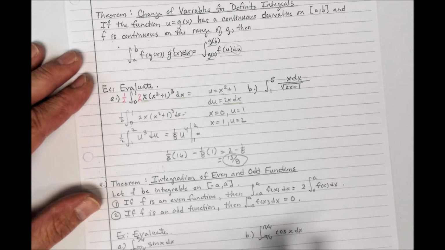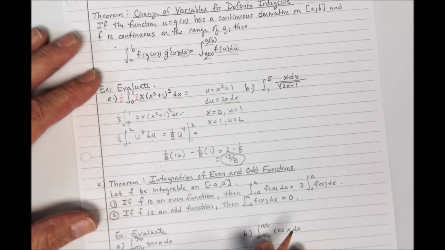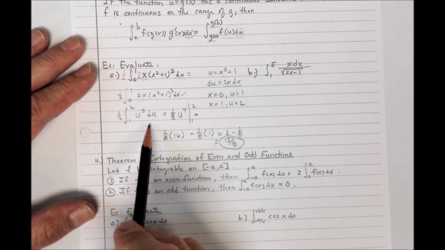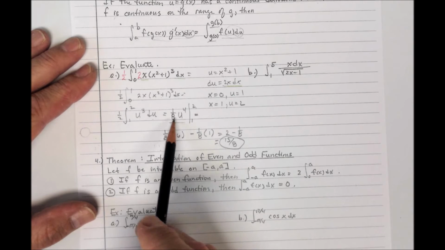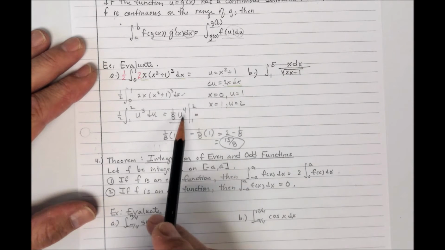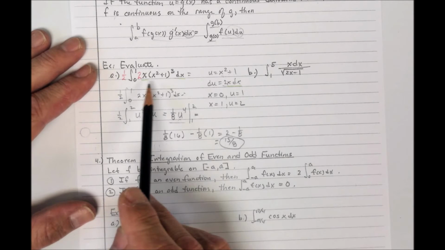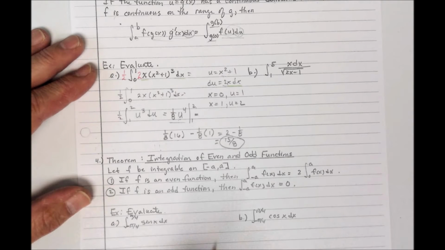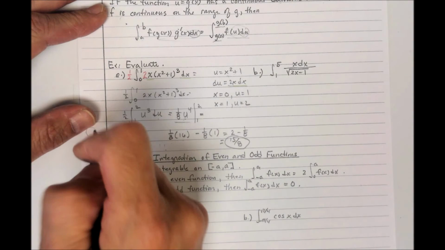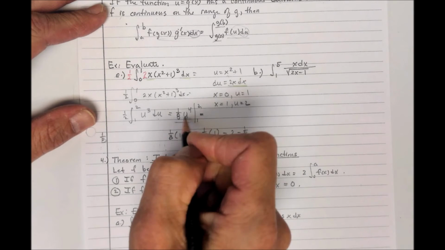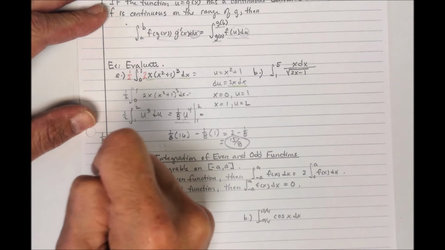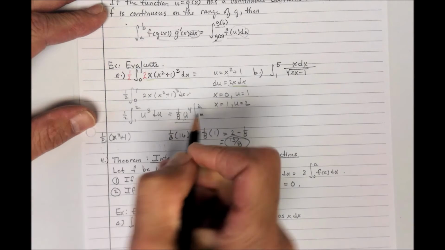Now there's a different thing that you can do with these problems when you're working with a definite integral. When I get to this point right here, if I decided to put it back in terms of x and put the x squared plus 1 in here raised to the 4th power, then I could go back to the original limits of integration of 0 and 1. I don't know if I have enough space to show you that. I have 1/8. I make the substitution back in before I actually evaluate and write this as x squared plus 1 to the 4th power.